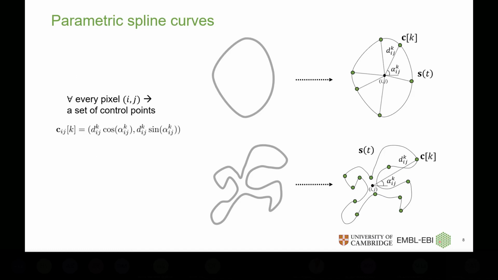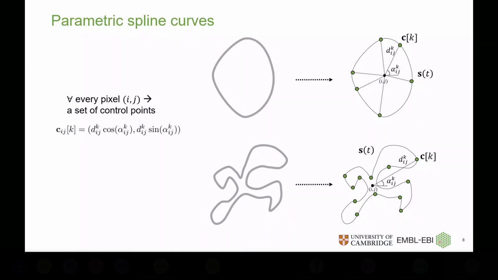So what SplineDist does is, analogous to StarDist, for every single pixel, it predicts a set of control points. And we express these control points in relative coordinates with respect to the particular pixel that it is coming from, in polar form.